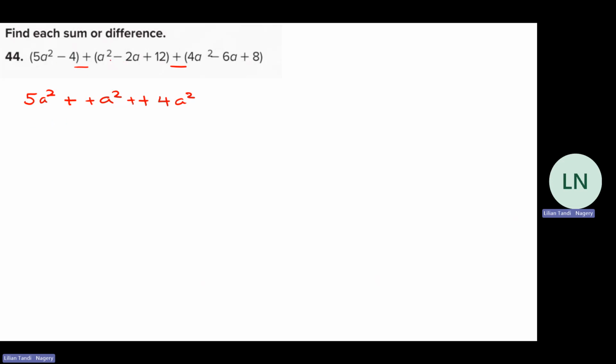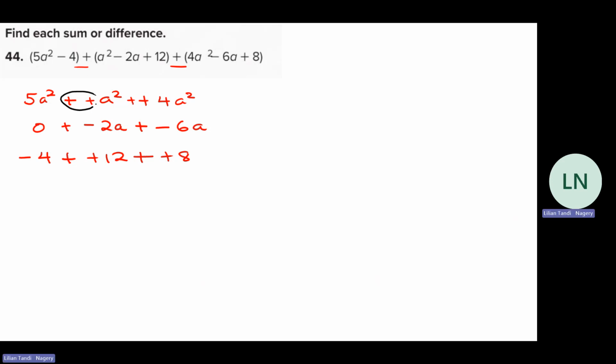Now, there is no a over here, so 0 in the first bracket. In the second bracket, plus negative 2a plus negative 6a. Then the numbers are negative 4 plus positive 12 plus positive 8.